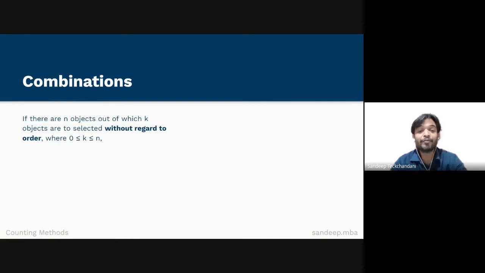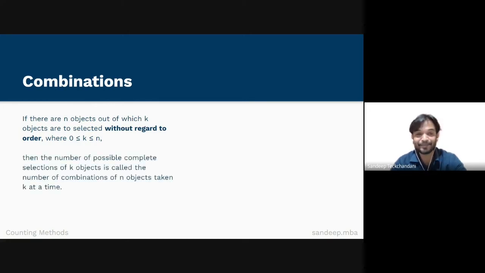Then the number of possible complete selections of k objects is called the number of combinations of n objects taken k at a time. It is denoted by the following formula. Please memorize this formula for your exam. The formula is n factorial upon k factorial times n minus k factorial.